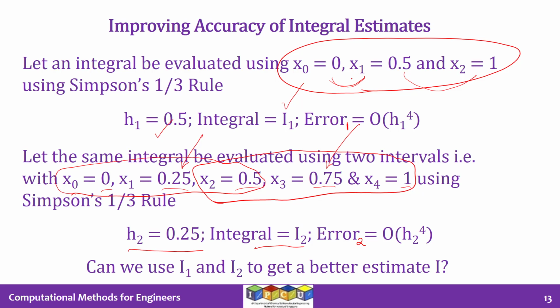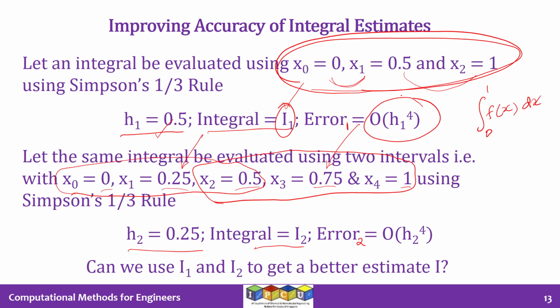To summarize, we are integrating some function f of x between 0 to 1. In one case, we are basing the integral on only 3 data points. And therefore, h1 is 0.5. The value of the integral that we get by doing Simpson's one-third rule using these 3 data points is going to be a value I1. And we are just saying the error is of the order of h1 to the power of 4.